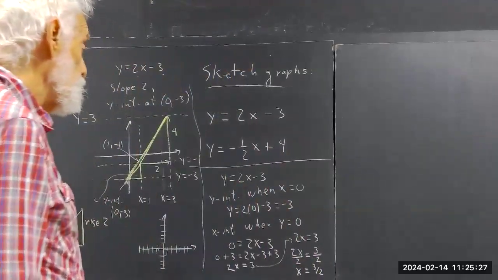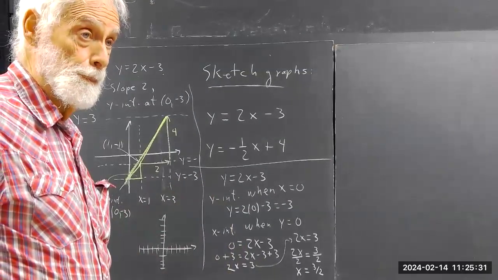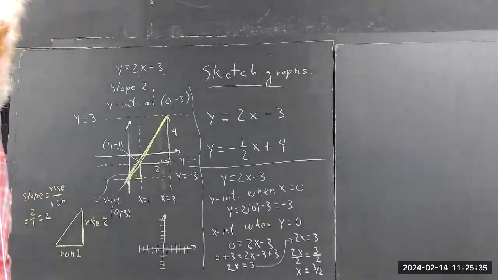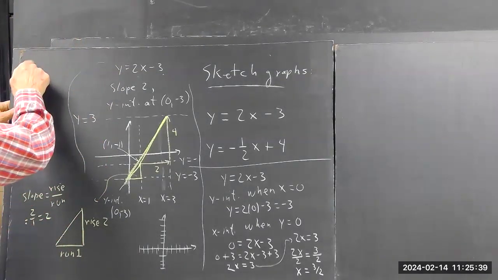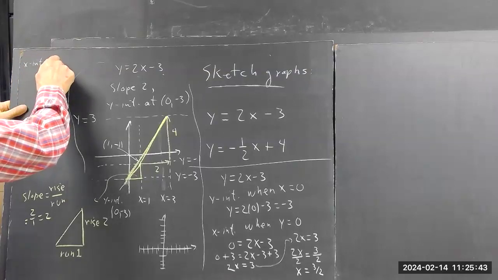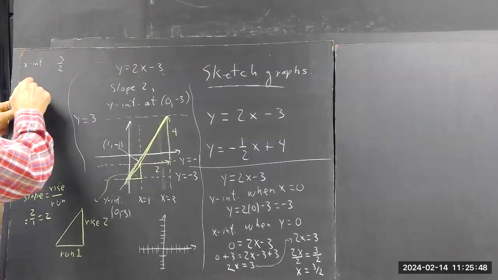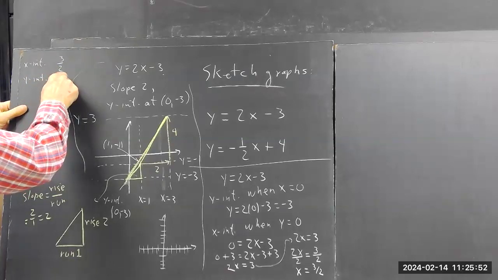And we get 3/2. At that point, we can sketch a graph. Okay. If we've done this, now I've got to come way over here. But, okay. 3/2. And the y-intercept is -3.